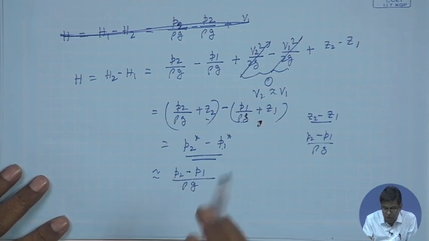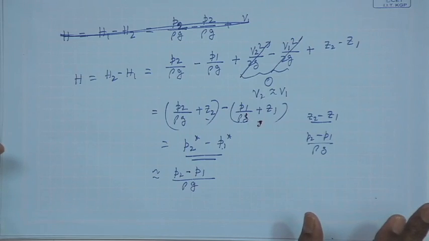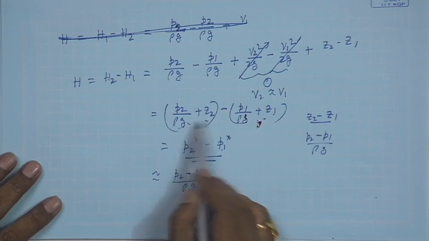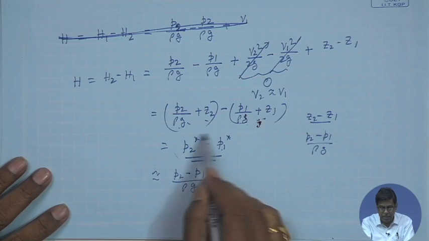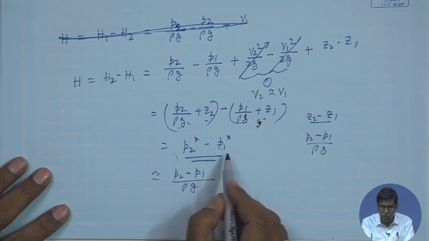So, therefore, we can find the head developed approximately equal to that difference in the piezometric pressure head, which can be registered by a manometer. The manometer measures the piezometric pressure drop, P2 star minus P1 star.